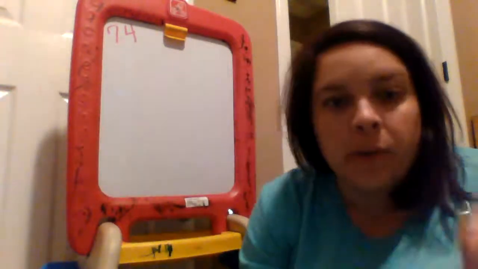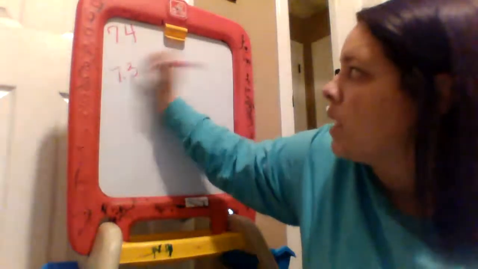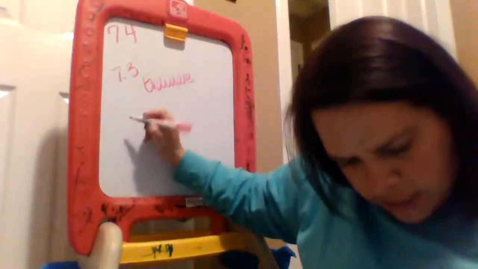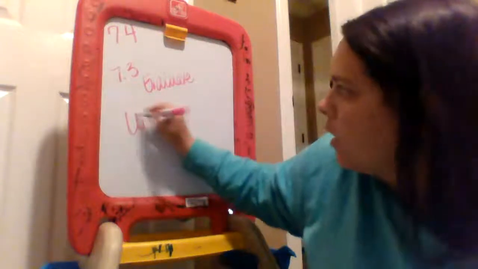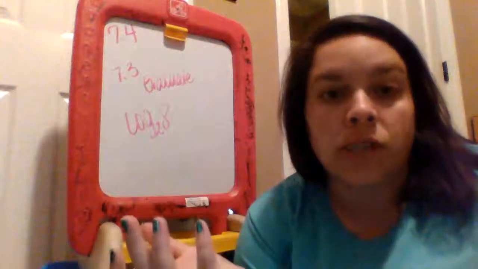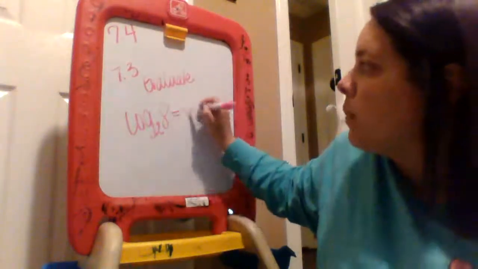Last week we were evaluating logarithms. This was in 7.3. They gave us something like, evaluate log base 2 of 8. When we found log base 2 of 8, we thought, what does that equal? I don't know, so I put an x.